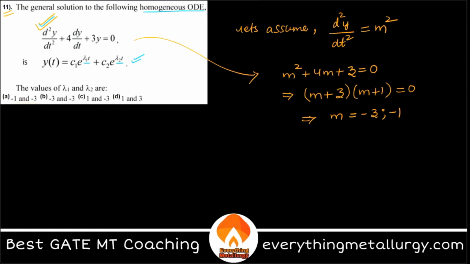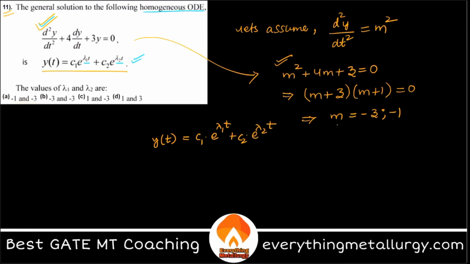Basically, if we have a homogeneous ordinary equation, we can rewrite it, and the roots of this quadratic equation can be taken in this form. So the solution is in this form: c1 e^(lambda1 t) + c2 e^(lambda2 t).